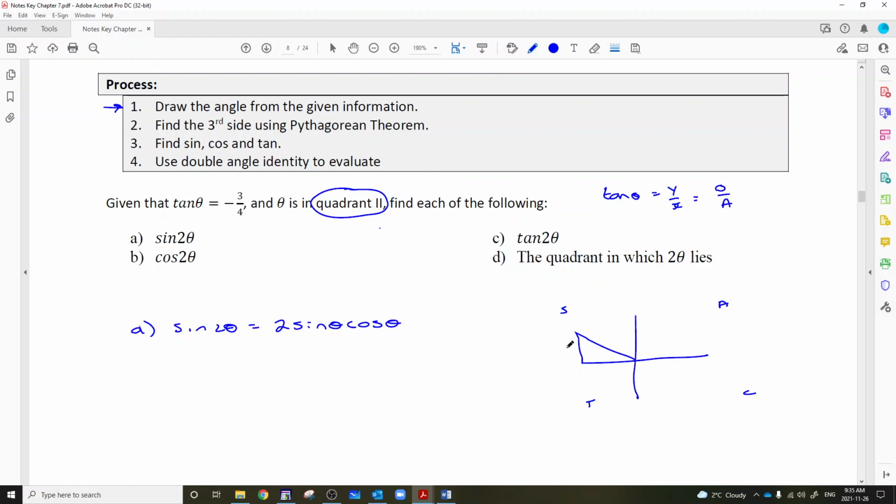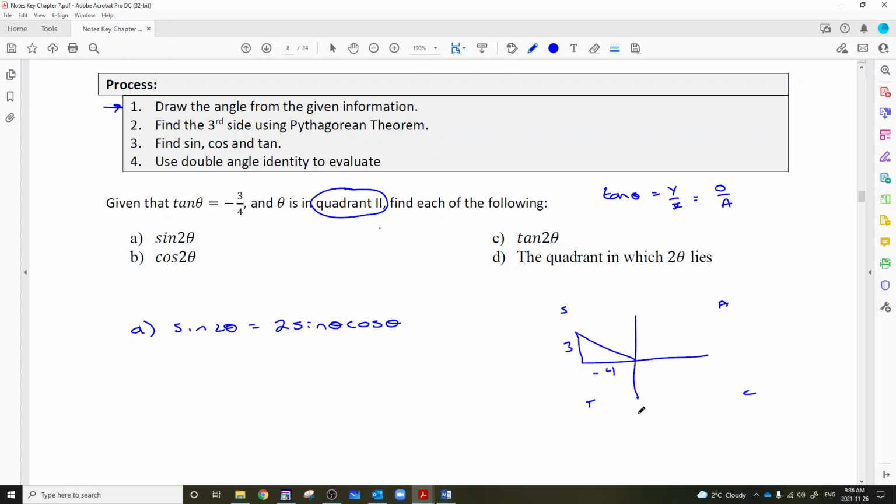So opposite is 3, or y is 3, and the x is 4, or the adjacent is 4. And then we have to figure out, where do we put that negative? It's a negative fraction, which means either the 3 or the 4 is negative. Because the x is in a negative direction, we know that the 4 is negative.